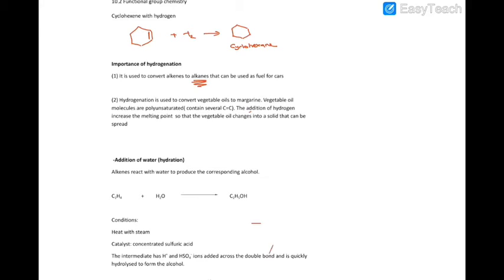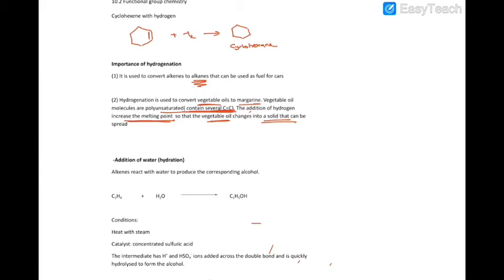Also, hydrogenation is used to convert vegetable oils to margarine. Vegetable oils are unsaturated, which means that they contain several C double bond C. When you add hydrogen to it, you break these C double bond C, you turn them into single bonds, and when you have more single bonds, the melting point increases so that the vegetable oil changes into a solid that can be spread.